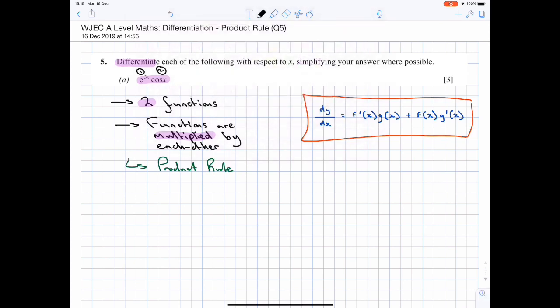And you can even see here that we've got two functions which are fx and gx, and by that same notation I'm going to assign e to the 3x as fx, and I'll call cos x as gx, and I'm just going to make that clear to the examiner. So I'm just going to say let fx, and we're going to call that e to the 3x, and let's say we'll call gx by the notation, we're going to call that cos x.